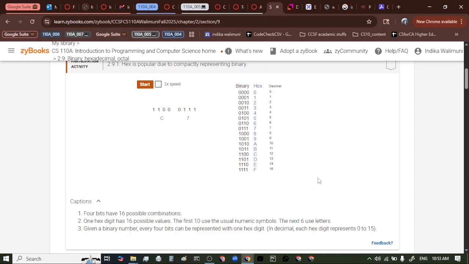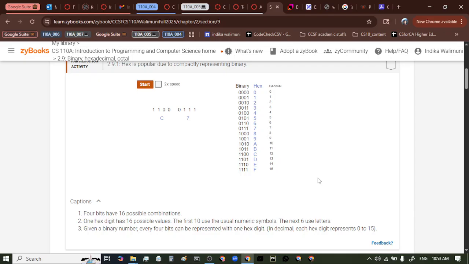So you need to have access to that table. But probably it won't be an interview question, right? They may ask, okay, show me how to get it, right? Then you have to do the math. Okay. So this can go the other way as well, right? So let's say you are given C7, and you are being asked to get the respective binary number.